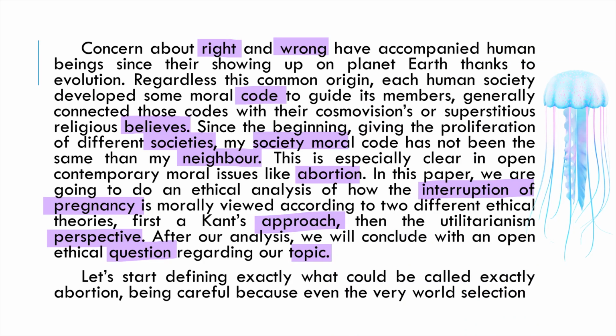I provide you in the paragraph that we're using as a sample: right and wrong, code, social and moral code, societies, beliefs, neighbors, abortion or interruption of pregnancy, approach, perspective, topic, questions, that are synonyms among themselves. Each one is showing the reader that you have complete control of the vocabulary that you're using, that you're a mature writer. That is the point of a good essay.